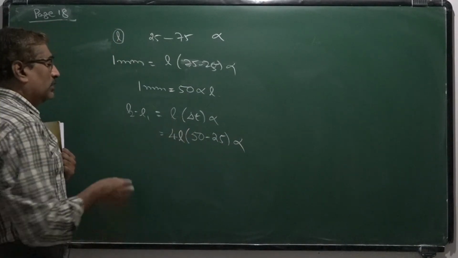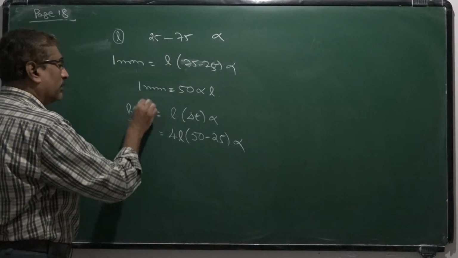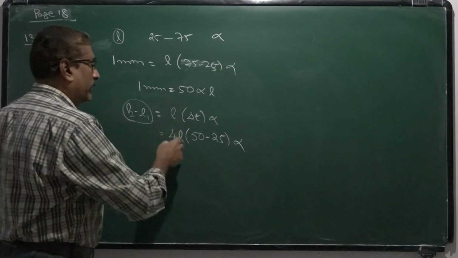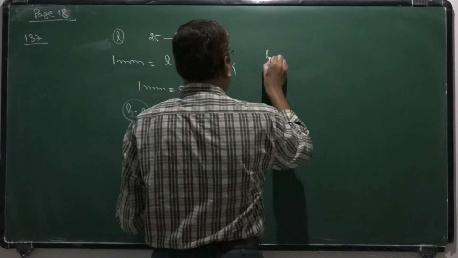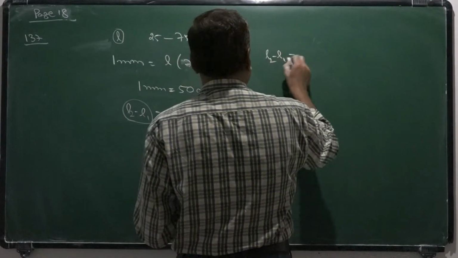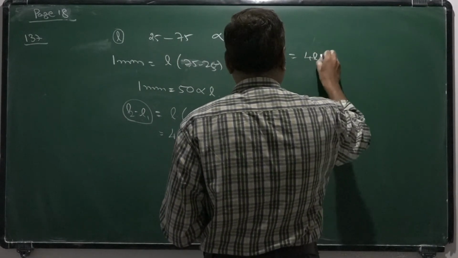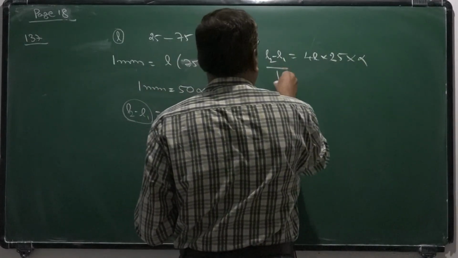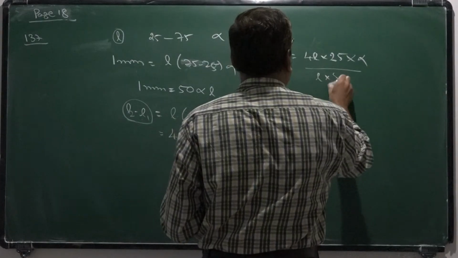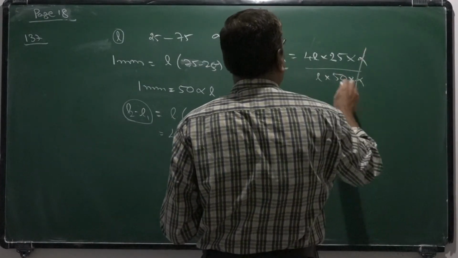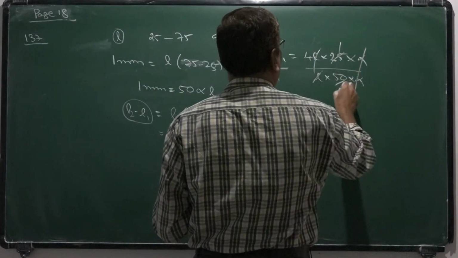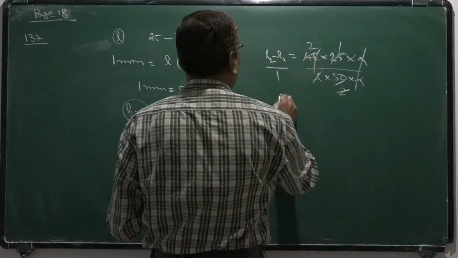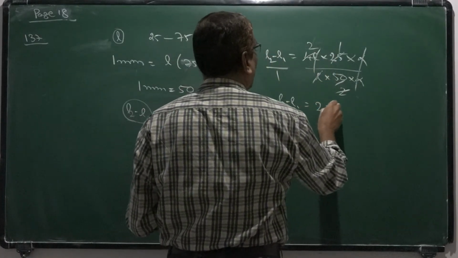So by dividing this one also you can calculate. L2 minus L1 is equal to 4L into 25 into alpha, whereas for this it is 1 millimeter, 1 by L into 50 into alpha. So change in length in this case is 2 millimeter.